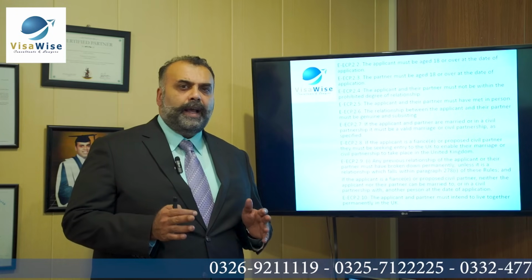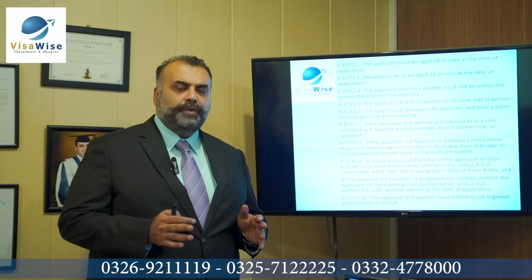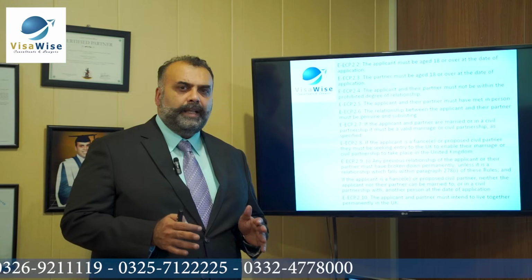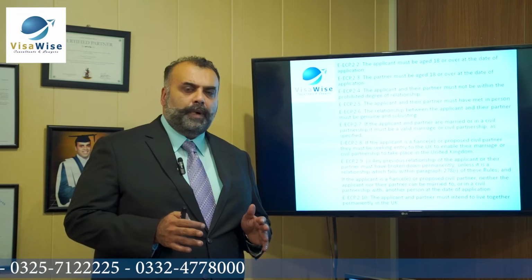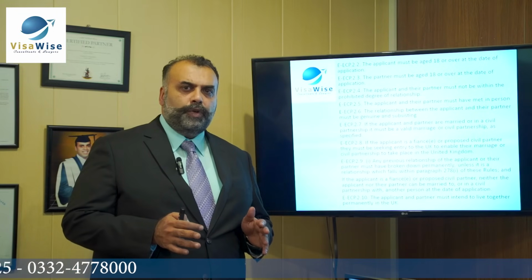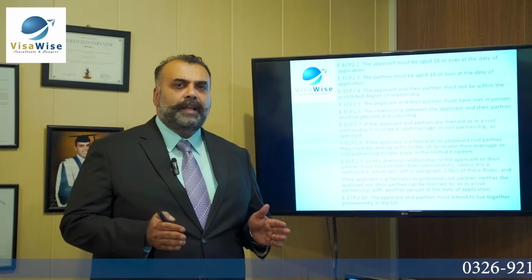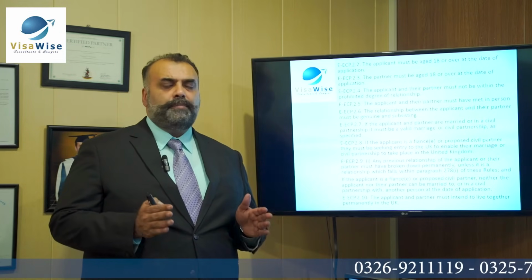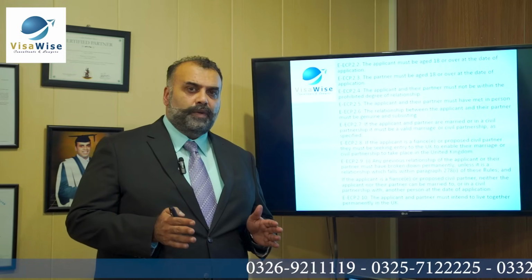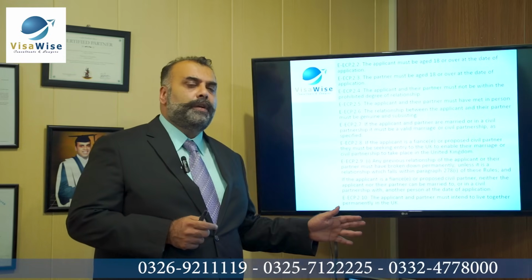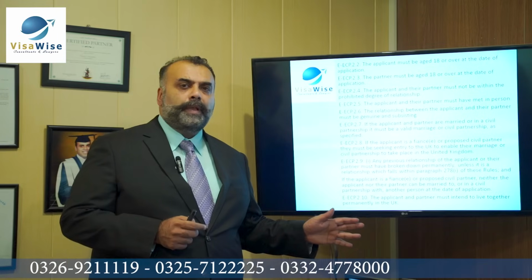Home Office has to be satisfied that you really intend to stay in the UK with your spouse permanently before you submit such an application. If that intention is not established, there may be chances of a refusal. So it is a very important bit in your application.